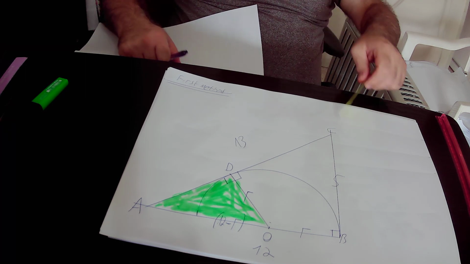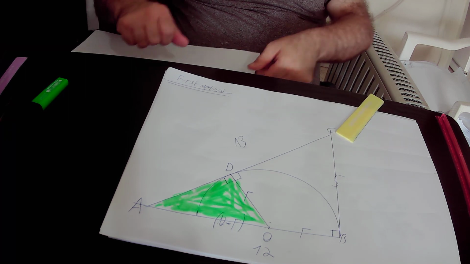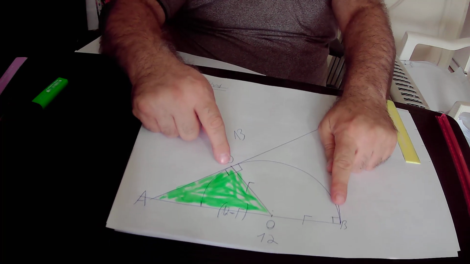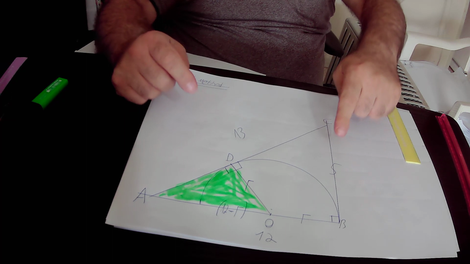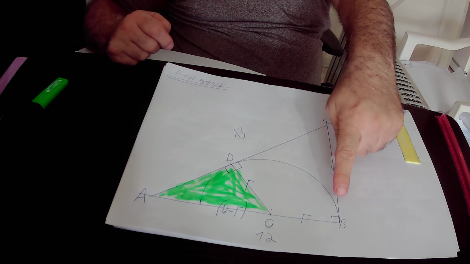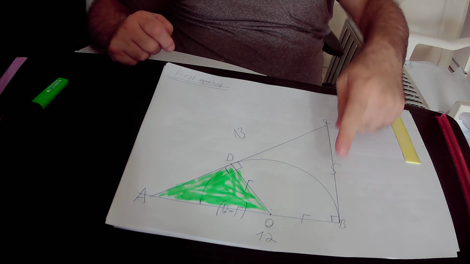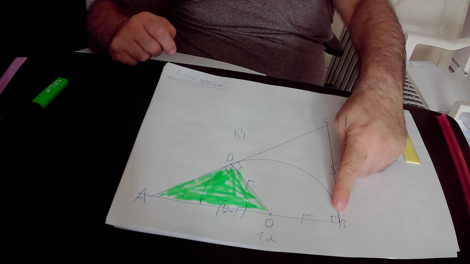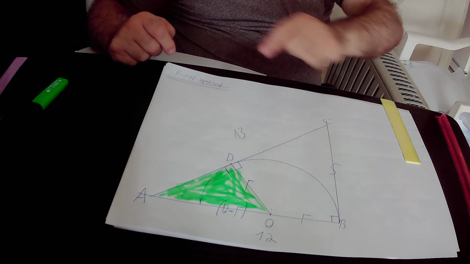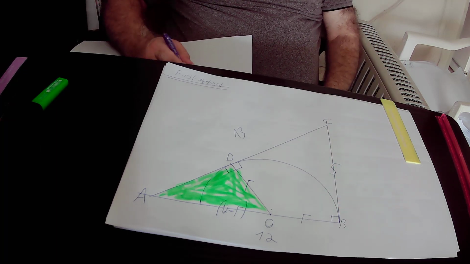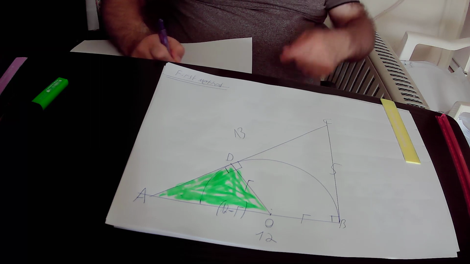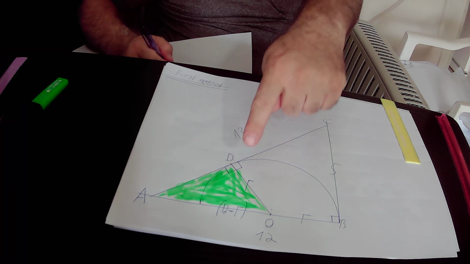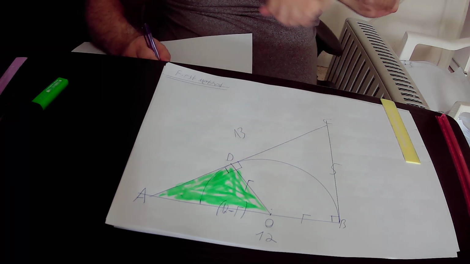First of all, we know that those two angles are equal to each other, they are both right angles. So this angle, angle ABC of triangle ABC, is equal to this angle, angle ADO of the green triangle.